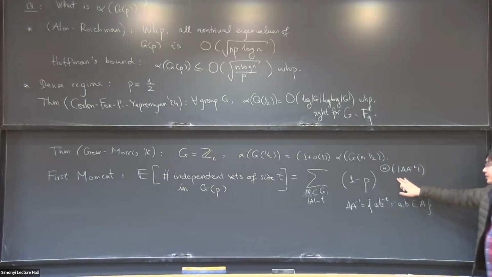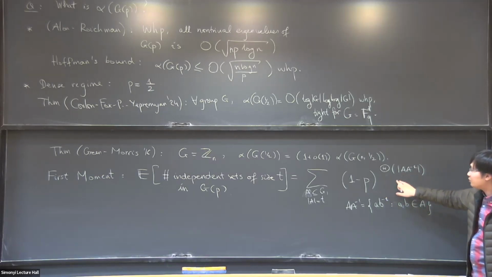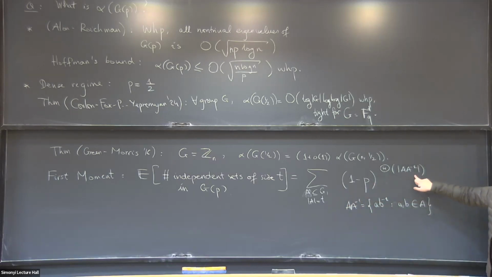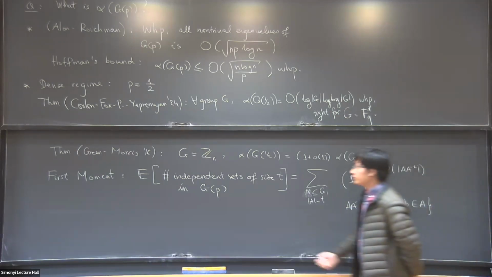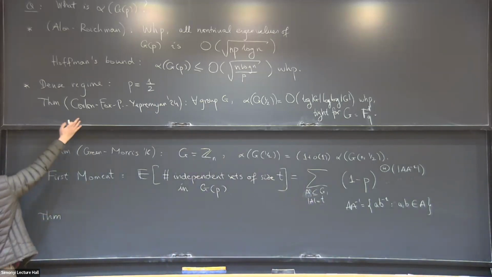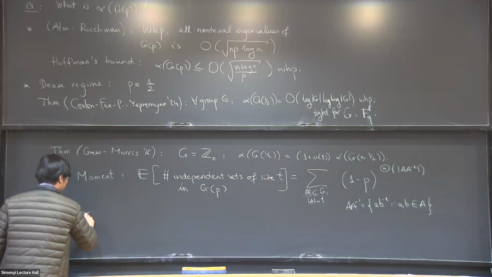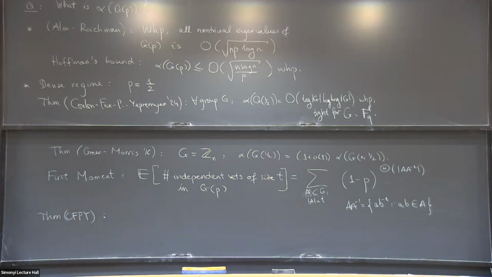So obviously, the big terms that are problematic to us are exactly the terms where the set A has size T, but the product set A times A inverse has too small size, which would cause this probability to be too big. So in order to prove this result, all that you need is the following counting bound that would give you sufficiently good control on the first moment.